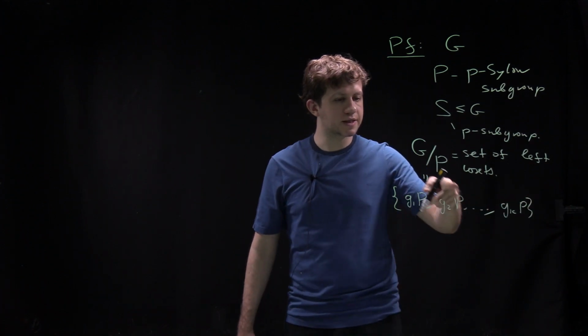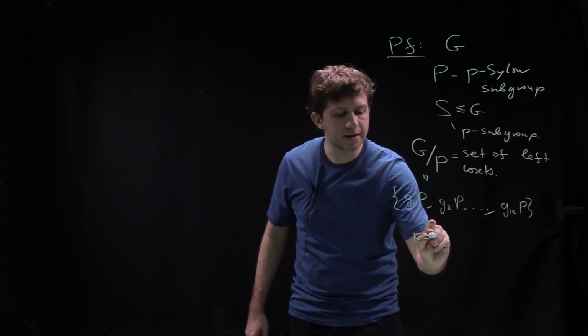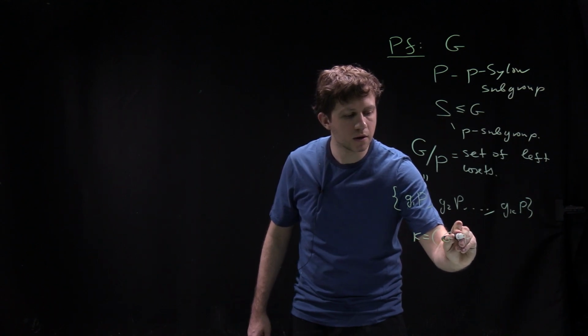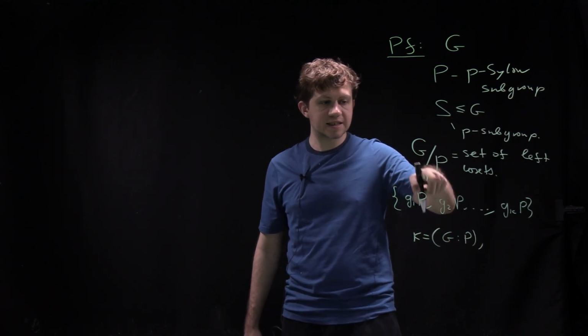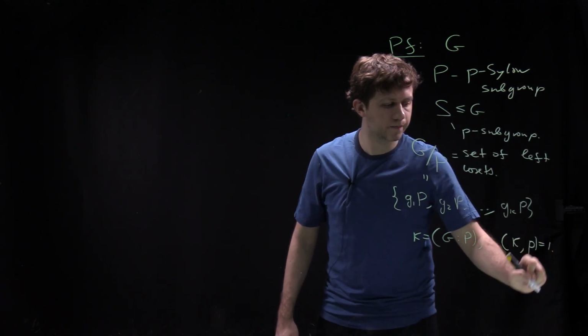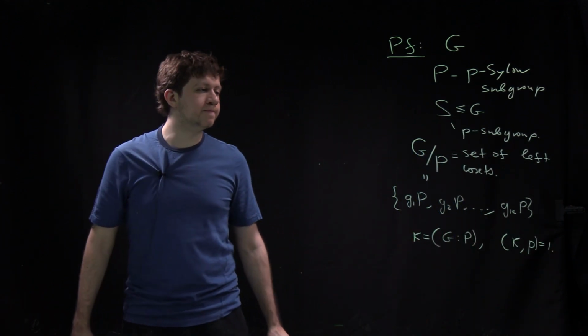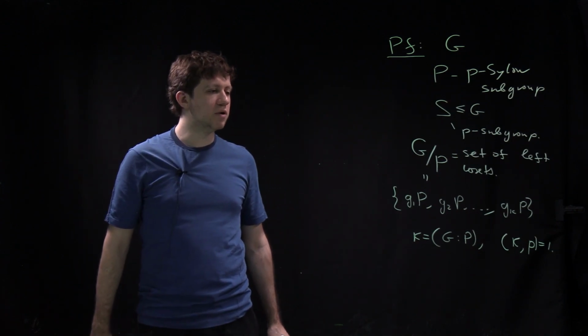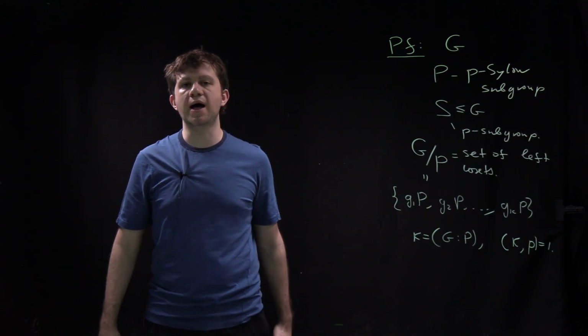And I know that this k will be exactly the index. In particular, since it's a Sylow subgroup, I know that k is coprime to p. Perfect. So now I have this set and I want to act on it.